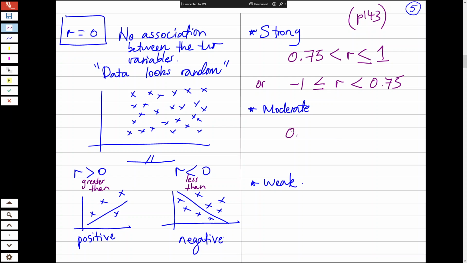If R is between 0.5 and 0.75, or negative 0.75 and negative 0.5, we're going to call that moderate.